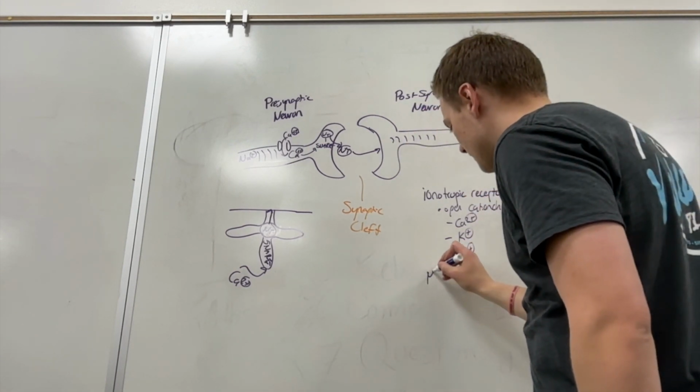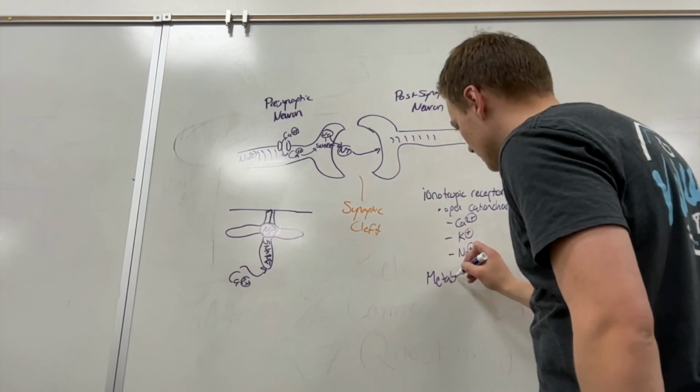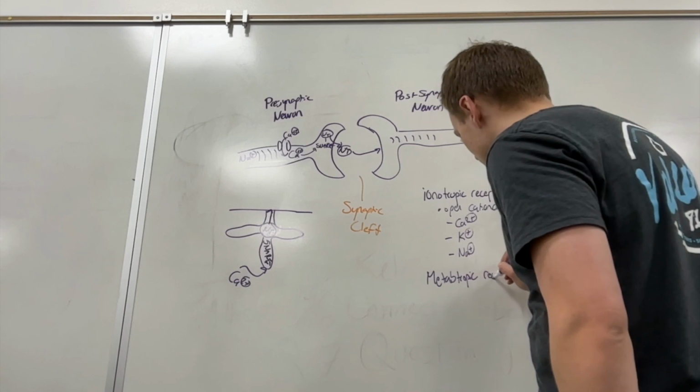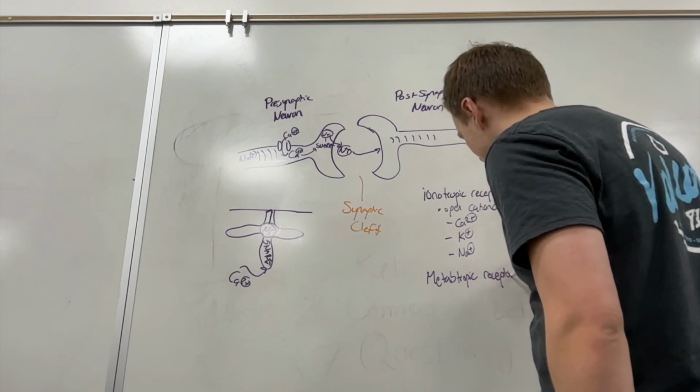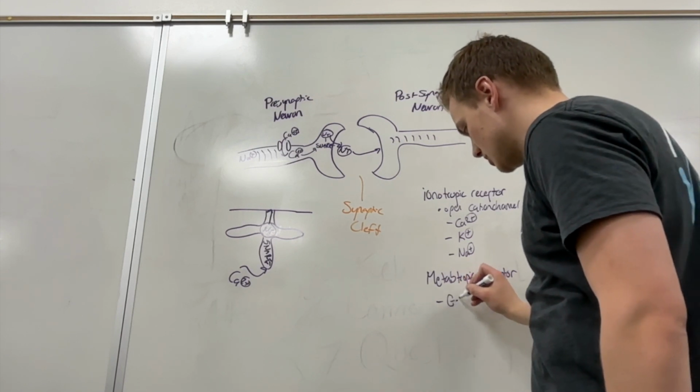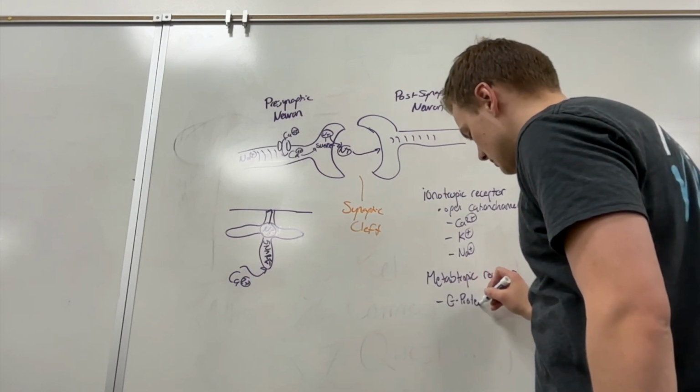We can also have a metabotropic receptor. So metabotropic receptors utilize something called a G protein sequence.